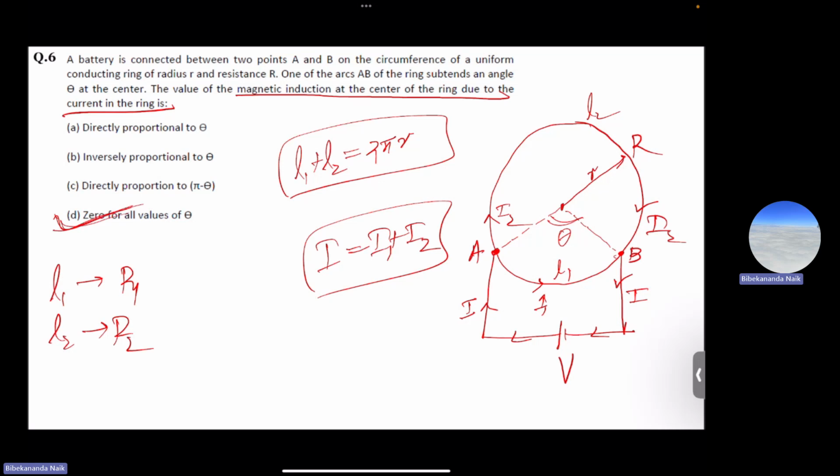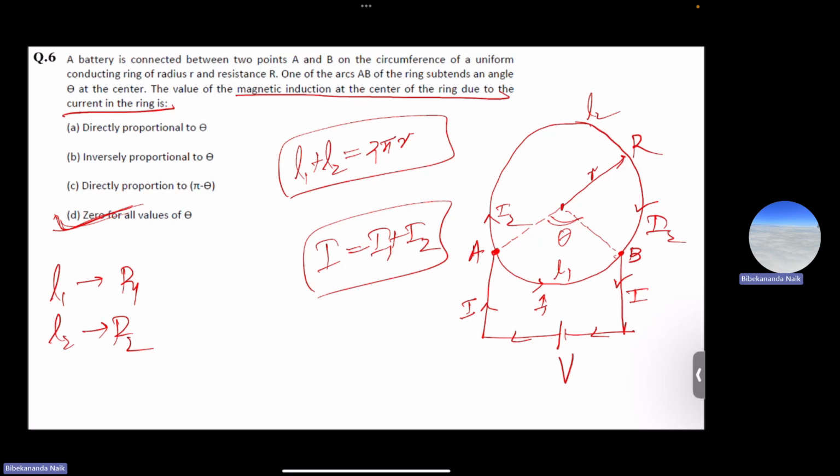The correct answer is option D, because the current flows in different directions and the product of current and length is the same for both. Resistance is directly proportional to L. So if resistance is more, current will be less. So the products L1 I1 and L2 I2 will be equal.